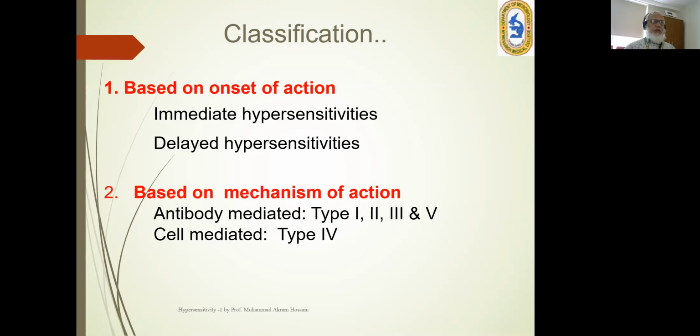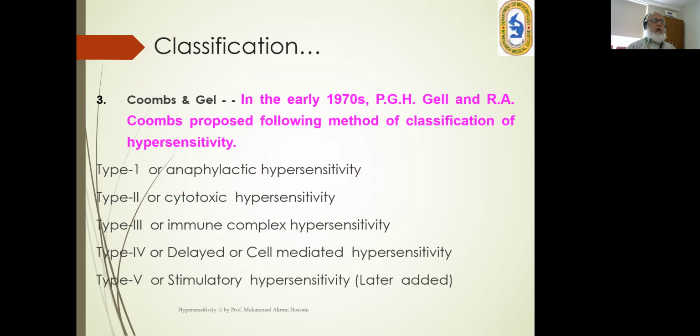So when the antibodies are involved, they are called antibody mediated, type 1, 2, 3, and 5. And only 4 is cell mediated. So Coombs and Gell in the early 1970s proposed a classification method for hypersensitivity, type 1 to 5.